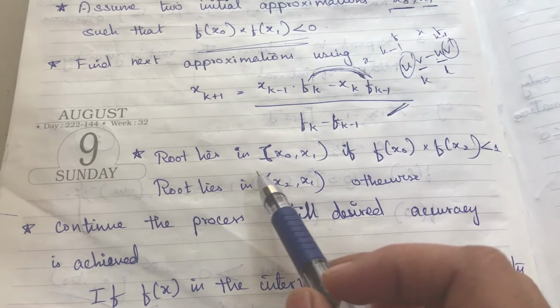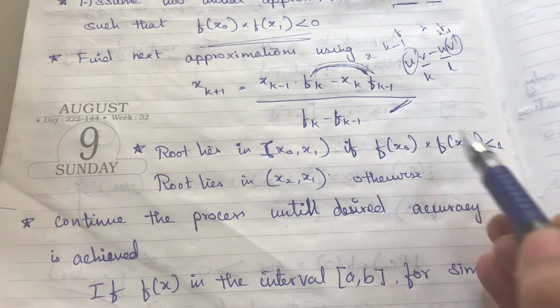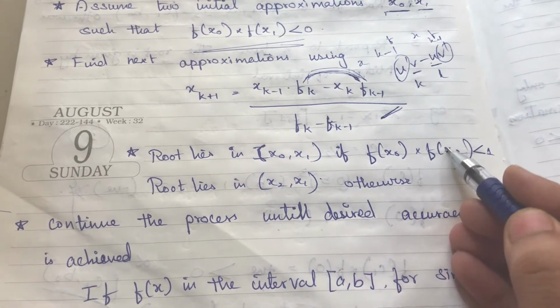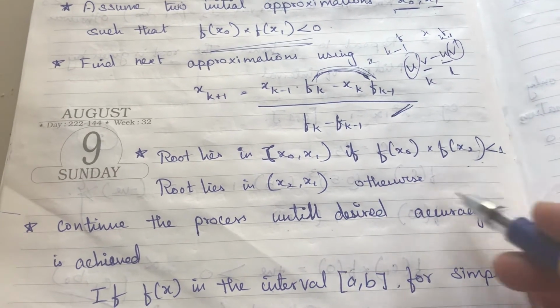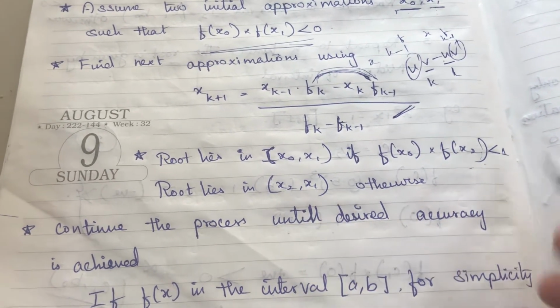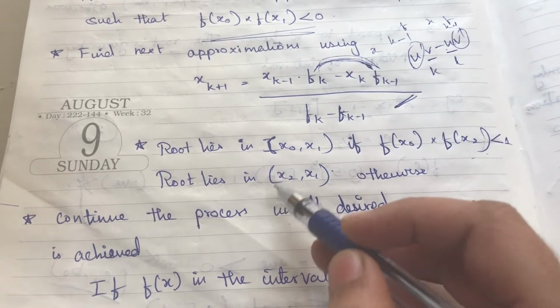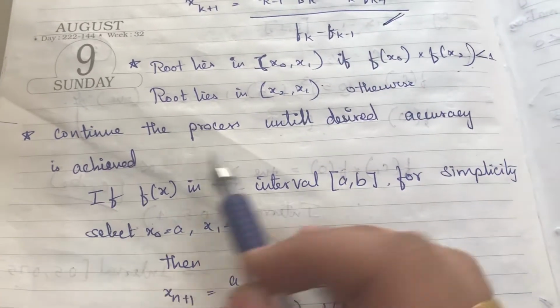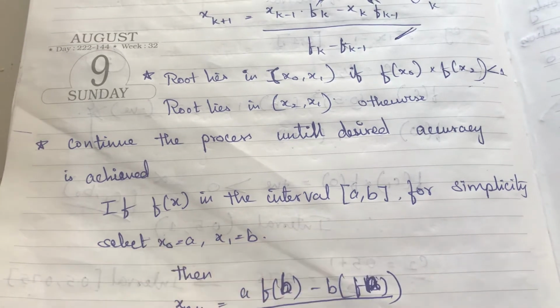The root lies between x0 and x1 if f of x0 into f of x2 is less than 0, or otherwise we just replace x0 by x2. Continue the process until the desired accuracy is achieved.